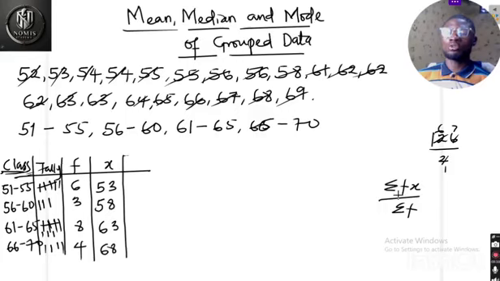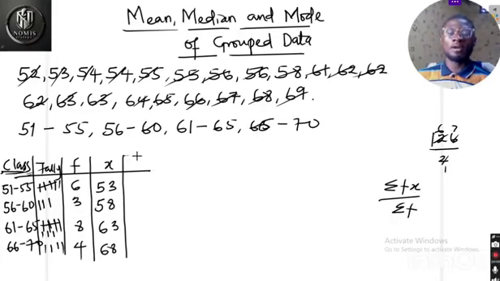So the summation of that is divided by the summation of the frequency. So summation will sum the frequencies together, and then we divide the summation of fx by it. So let's find the value of fx now.